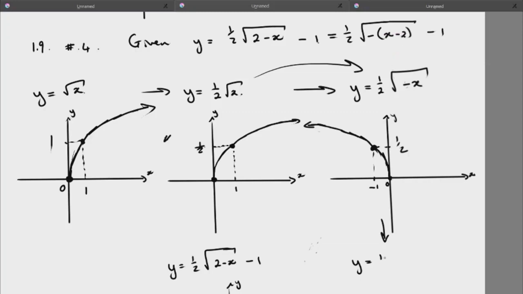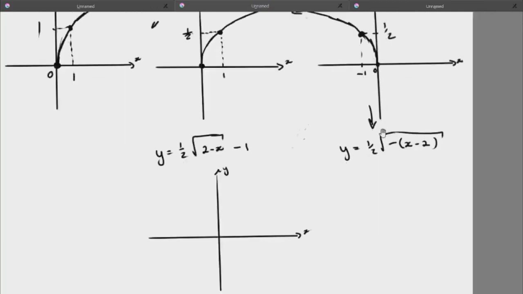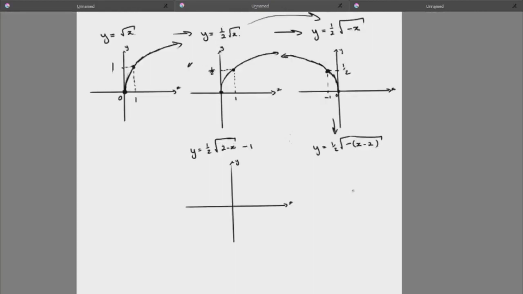So replacing x with x minus 2 means that I'm shifting the graph, which I need to make space for over here. How am I shifting it?